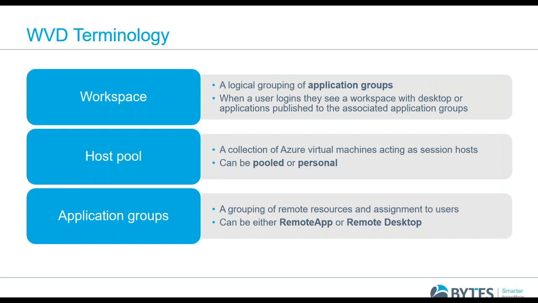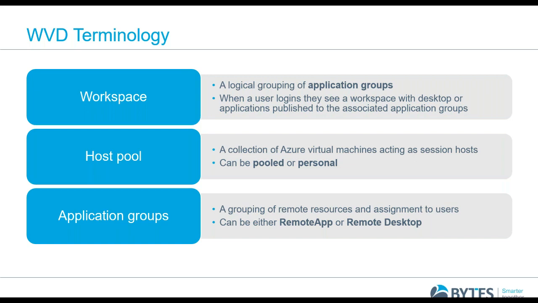A host pool is that collection of one or more virtual machines which act as the session host for the solution. This is what users will actually access and where their compute and OS requirements will be sitting. And those host pools can support either pooled or personal. So pooled is multi-session and personal is a single session, a dedicated VM option.